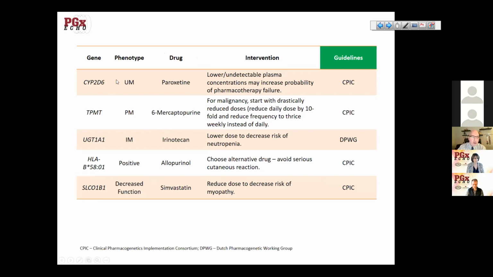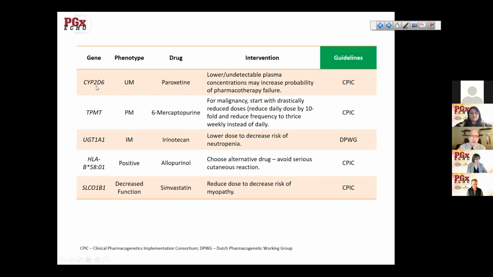And this final table shows some genes again on the left, the phenotype, the drug, and then interventions, or at least recommendations taken from different expert organizations like the Clinical Pharmacogenomics Implementation Consortium. And again, I know there'll be upcoming ECHO sessions that talk about resources well beyond what I'm mentioning here.